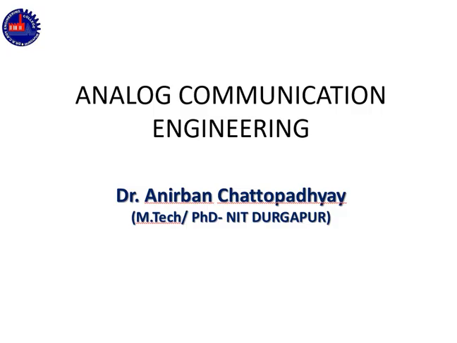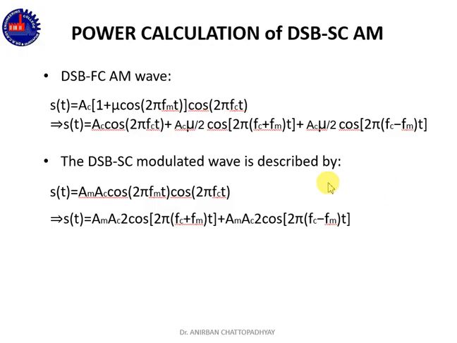So let us begin this session with the power calculation of the DSBSC signal. Now we already know the DSBSC AM signal waveform mathematical expression, and I also explained the mathematical derivation of the DSBFC power calculation and efficiency calculation, where we have seen that the maximum power efficiency for the DSBFC AM signal we can achieve is 33.33%.